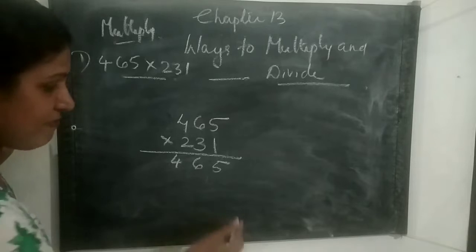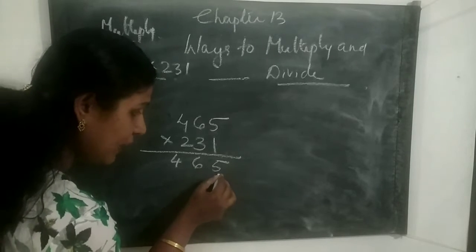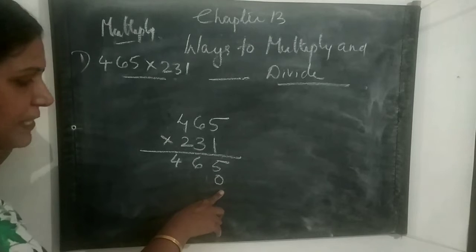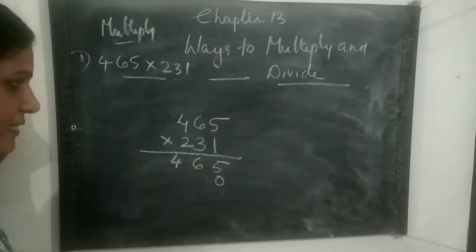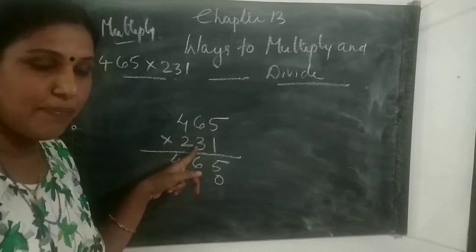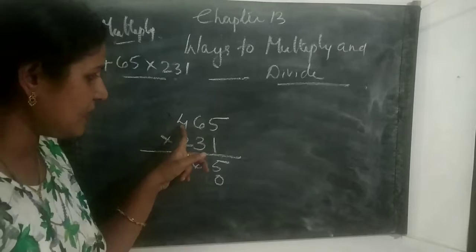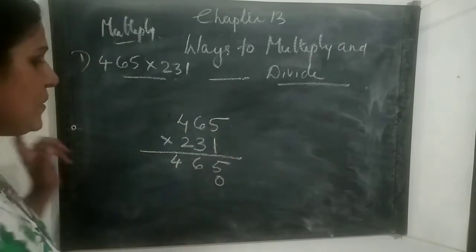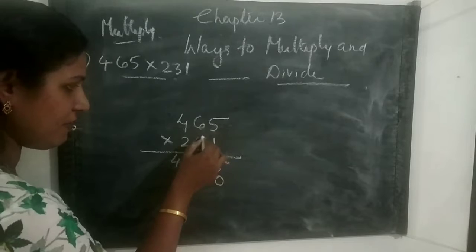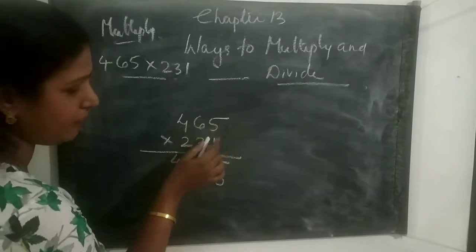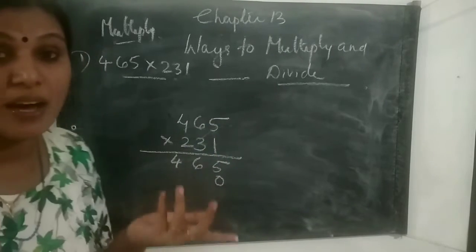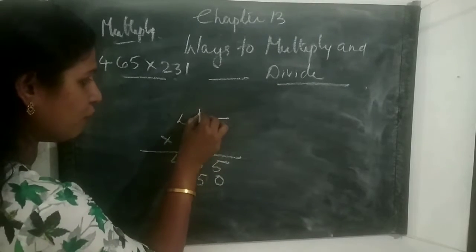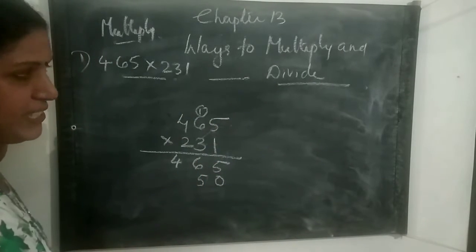The next step is we put a 0 in the unit place, below the first place number. Then we multiply this 3 by 465. 3 5s are 15, here we write 5 and carry over 1 to the top of the 6.